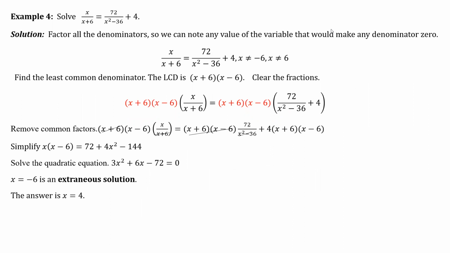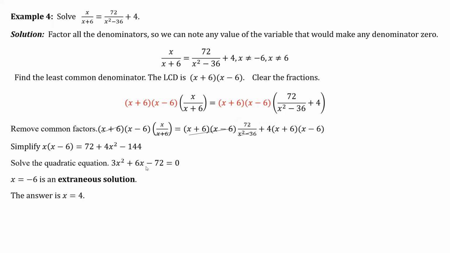In the next example, factor all denominators, so we can note any value of the variable that would make a denominator 0. It is -6 and 6. Find the LCD, clear fractions, remove common factors, and simplify this equation. Next, we take the quadratic equation in this form and find the solutions of this quadratic equation.